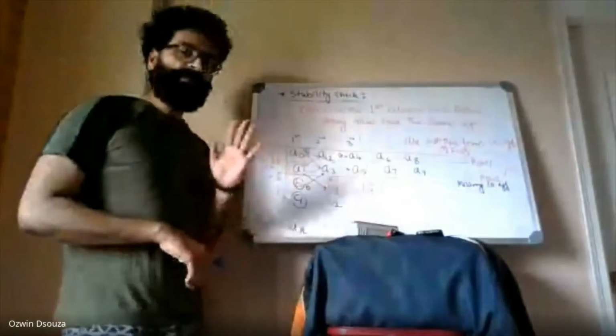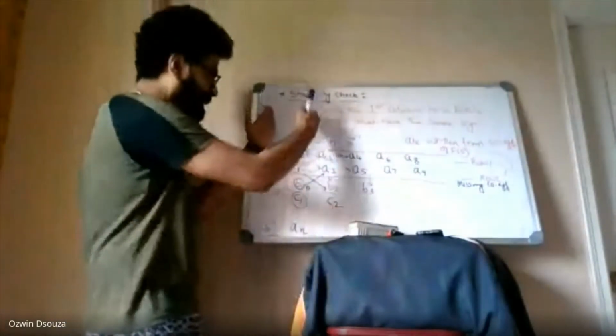So this is the necessary and sufficient condition for our system to be stable. That is the entries in the first column.